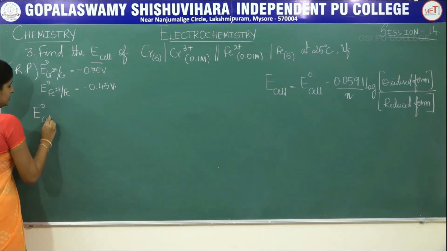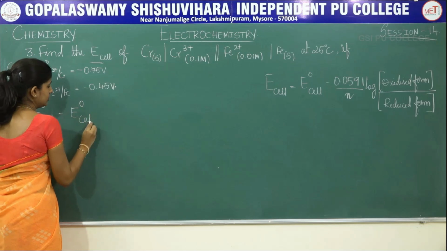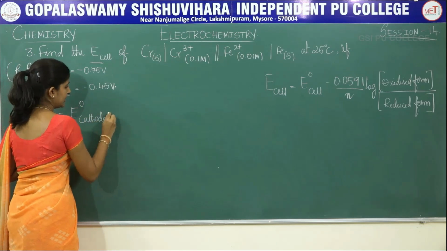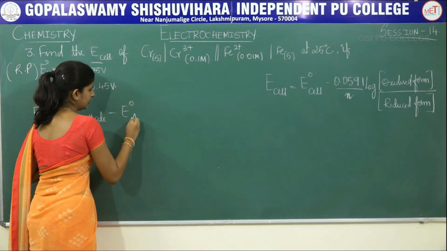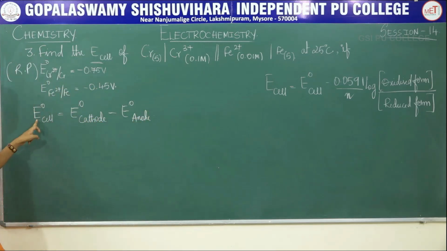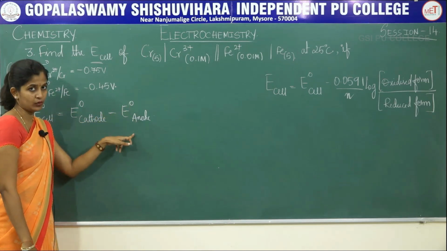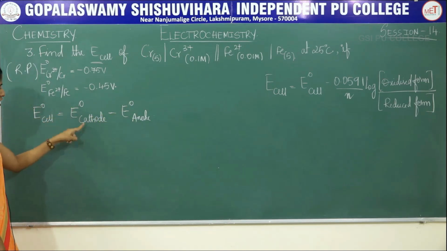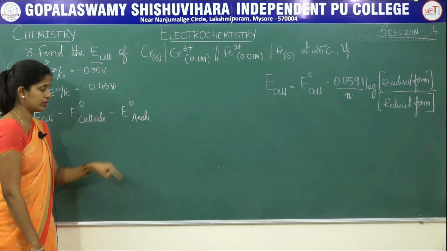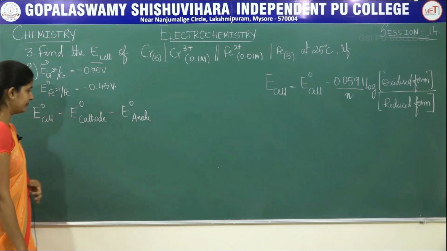E naught cell is equal to E naught of cathode minus E naught of anode. You know this formula: E naught cell is equal to E naught cathode minus E naught anode, or E naught reduction minus E naught oxidation, or E naught right minus E naught left.